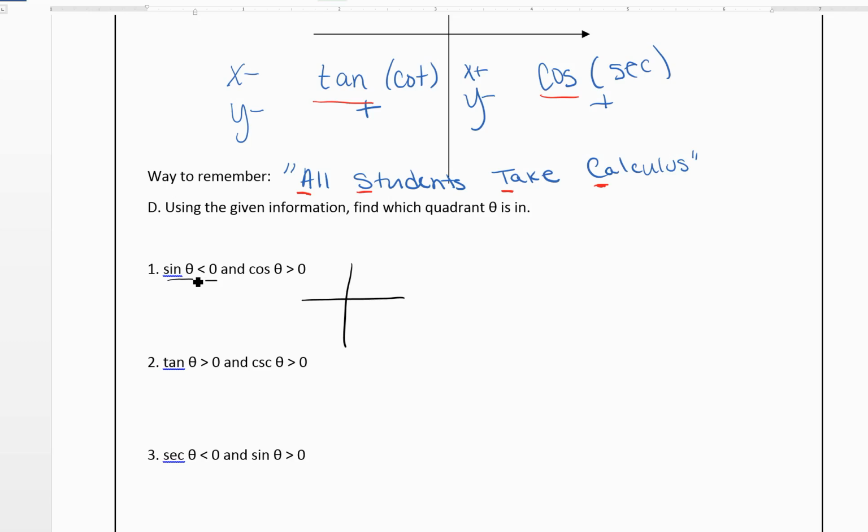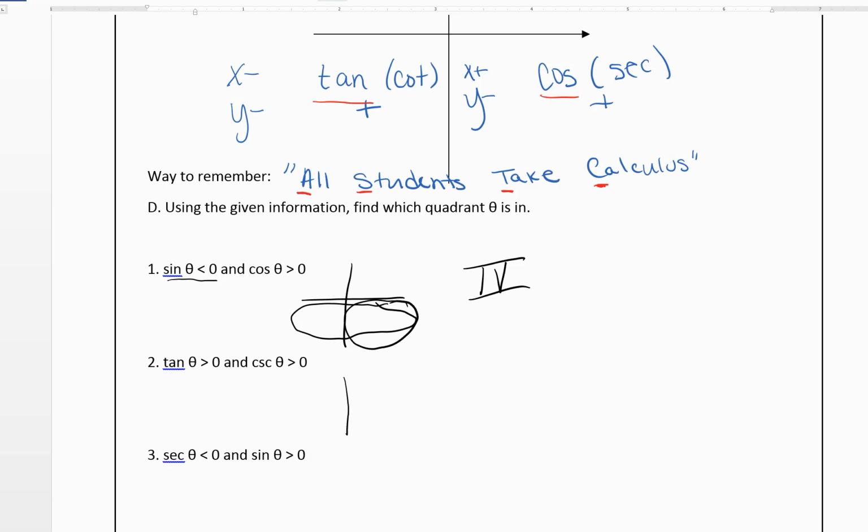So first, where is sine negative? Well, sine is negative in the third and the fourth quadrant. So we know our answer can only be either the third quadrant or the fourth quadrant. Then we need to know, out of those, where is cosine positive? And that's just in the fourth quadrant. Okay, so our answer here would be 4.